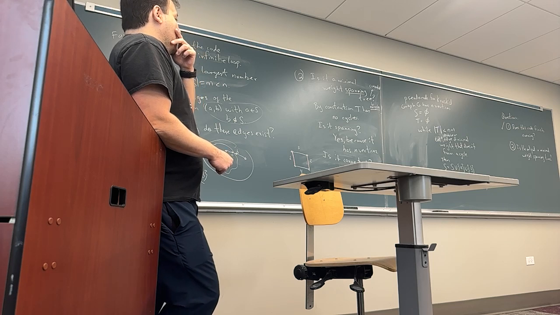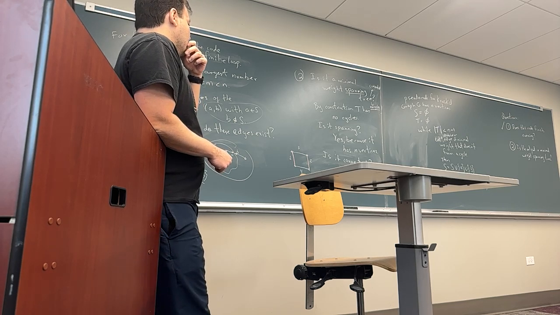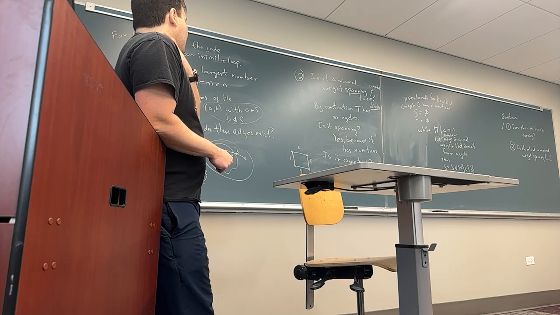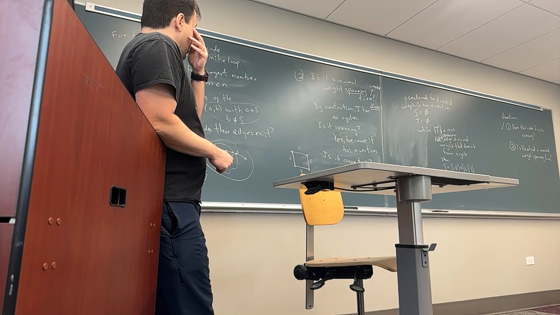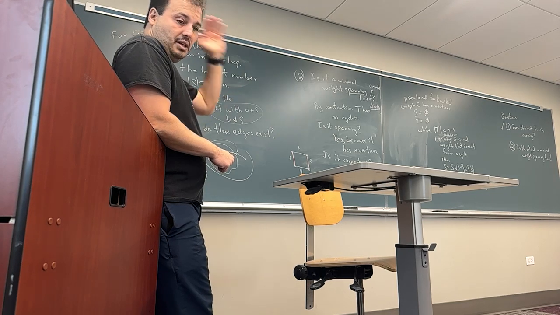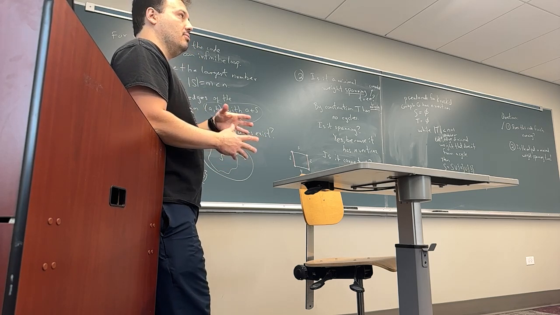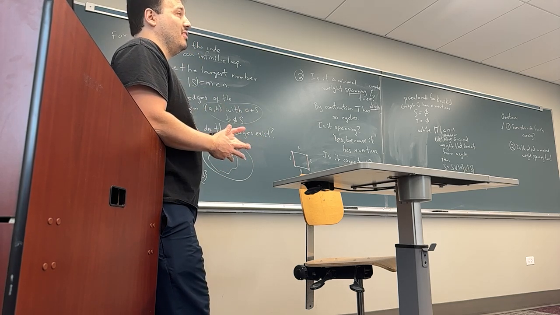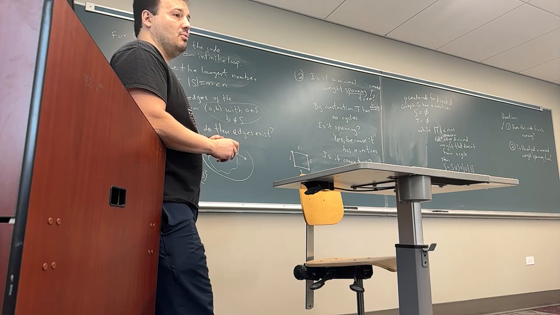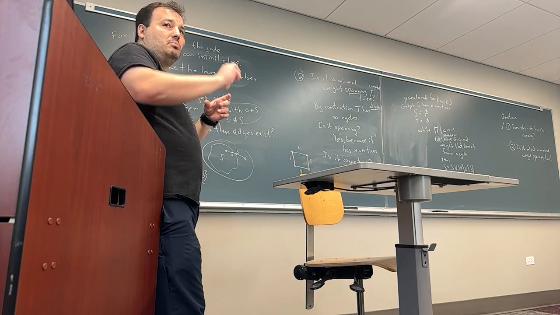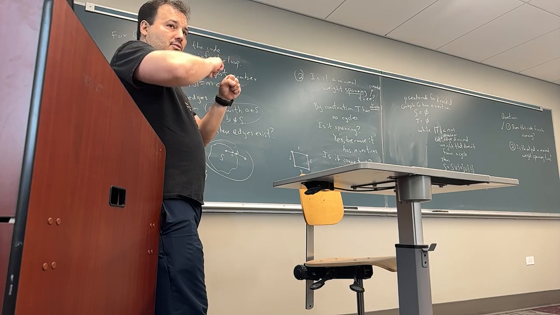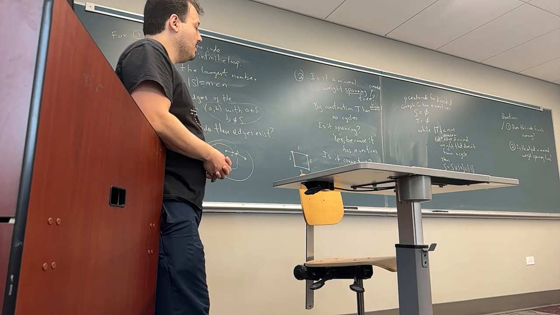I guess the key is that you can't surpass n minus 1 edges if you're going to avoid cycles. So if you don't have cycles, the most number of edges you can have is n minus 1. Once you have n, you can use the pigeonhole principle to show that there's a cycle, a loop.